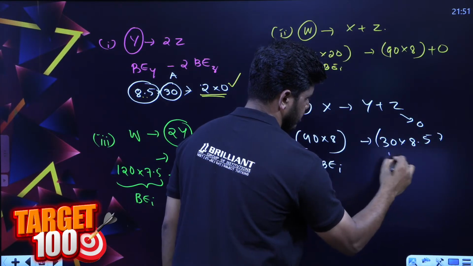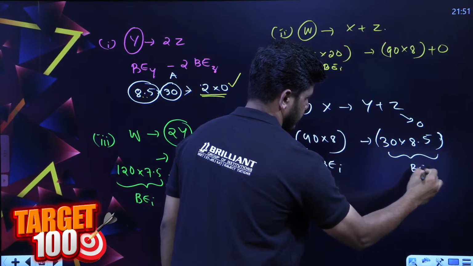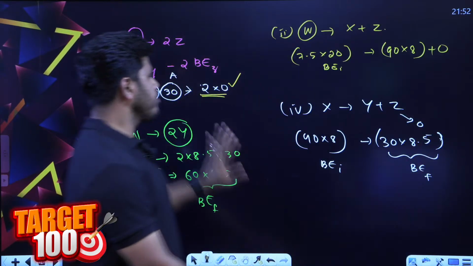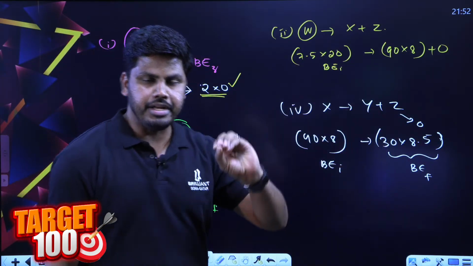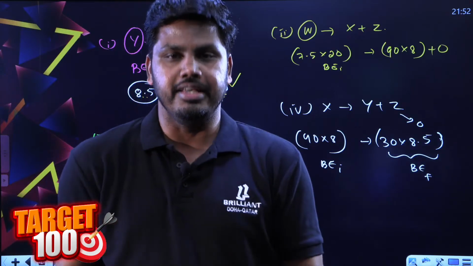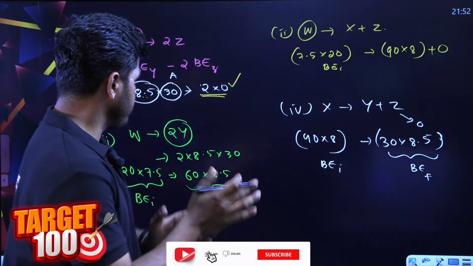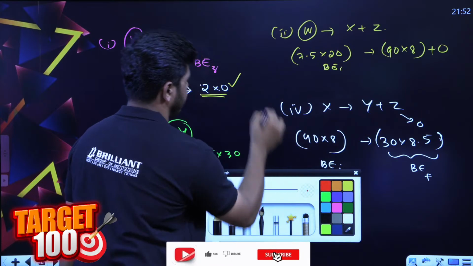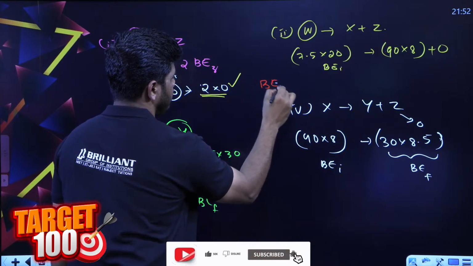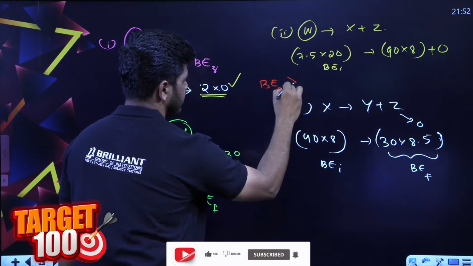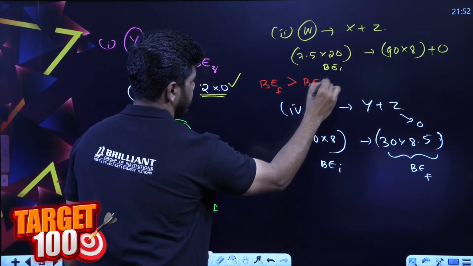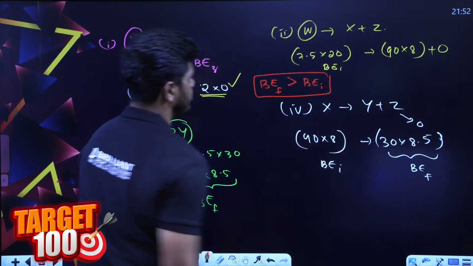This is binding energy final. So out of these 4 options, the condition for energy to be released, we know. What we have to cross check is in which case binding energy final is greater than binding energy initial. And you can cross check those values.